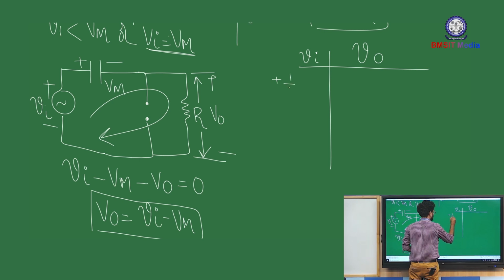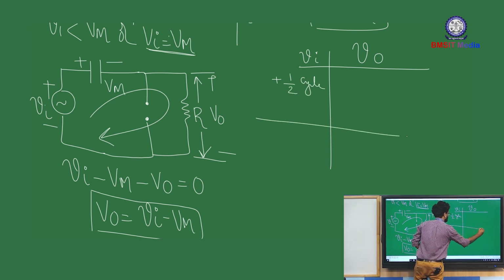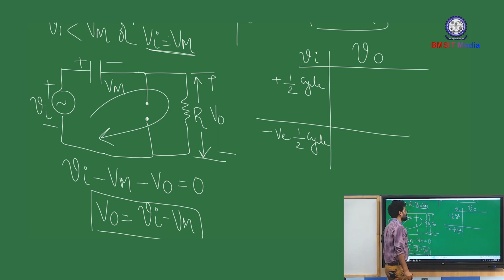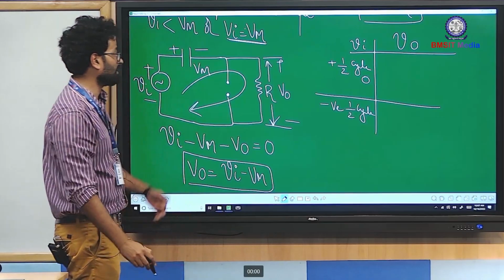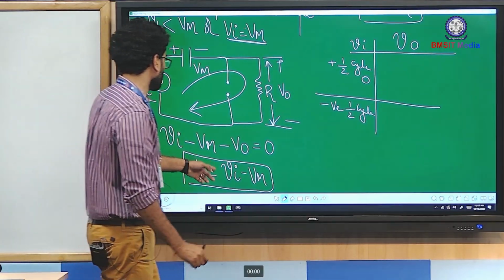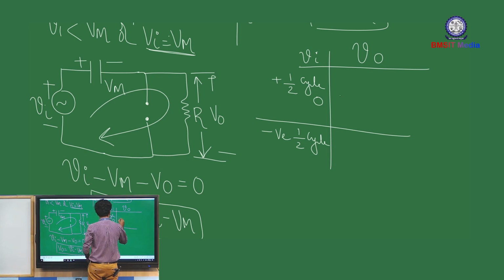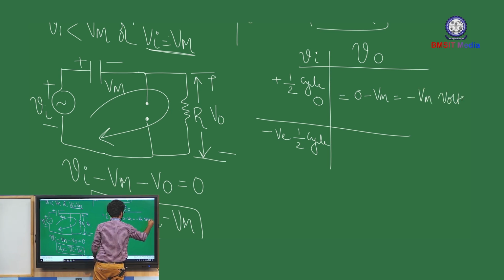When your input is at 0 volt in the positive half cycle, your output will be 0 minus Vm, which is equal to minus Vm volts.